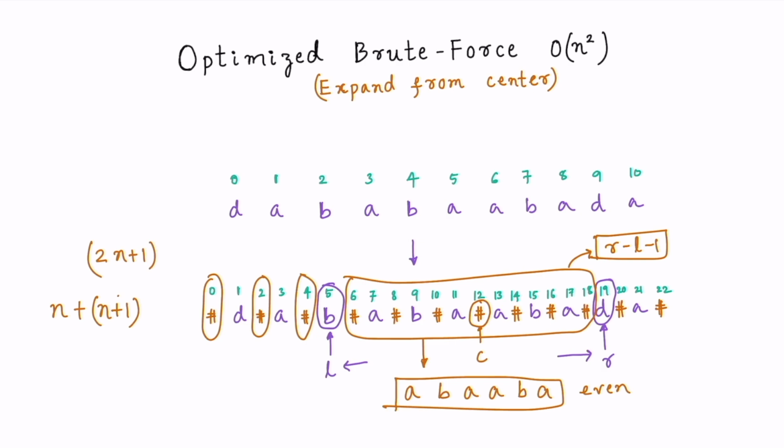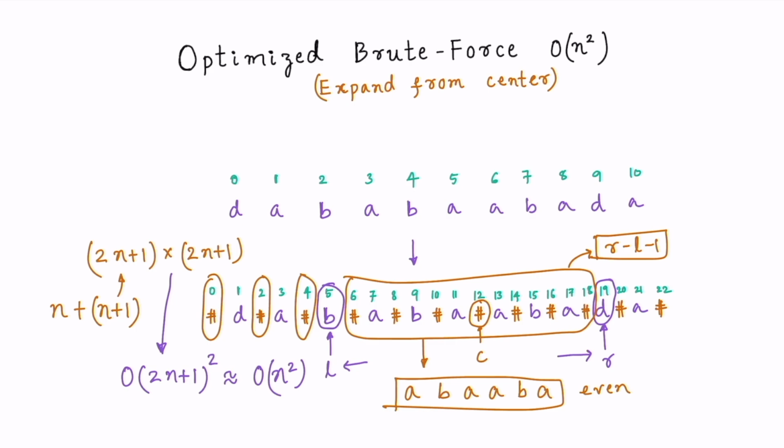So there are 2n plus 1 characters in the new string, and we can start from any of these 2n plus 1 characters as center and expand outwards. So this expanding outwards also takes O of 2n plus 1 time. So the total runtime complexity is big O of (2n plus 1) squared, which is on the order of big O of n squared.